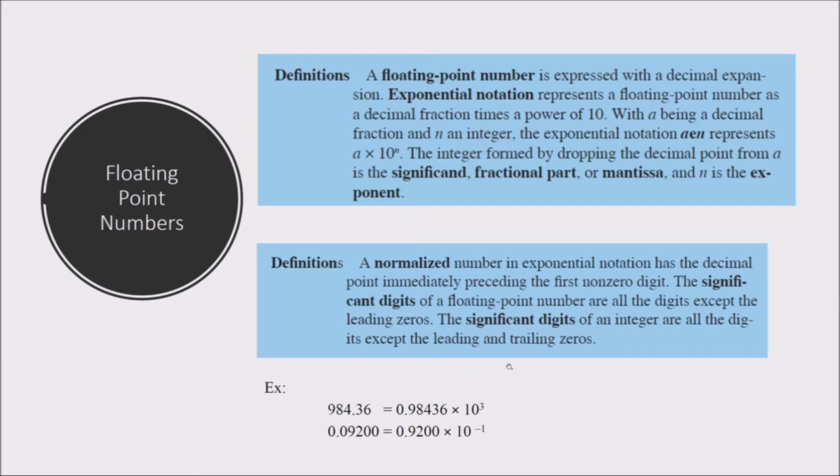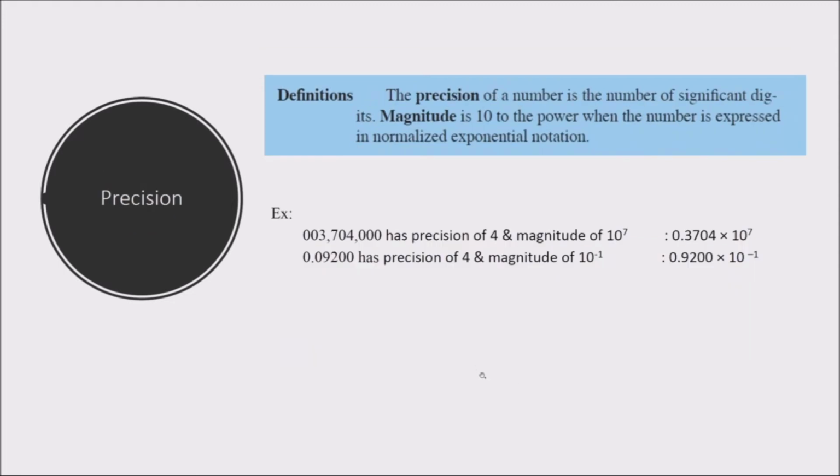Well, I'll move on, and then I'll talk about that in a minute. Right, so this is precision. The precision of a number is the number of significant digits that you have in it, right? Magnitude is the 10 to the power value, right? So these are the examples of it.